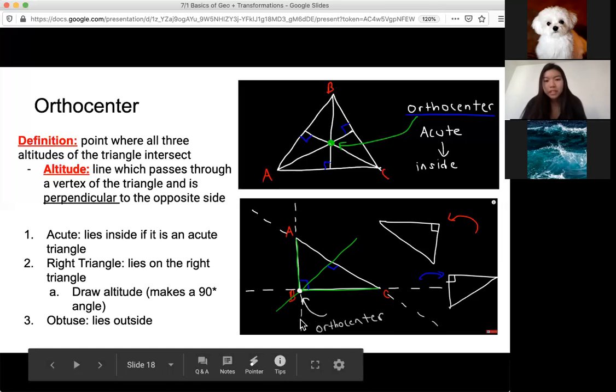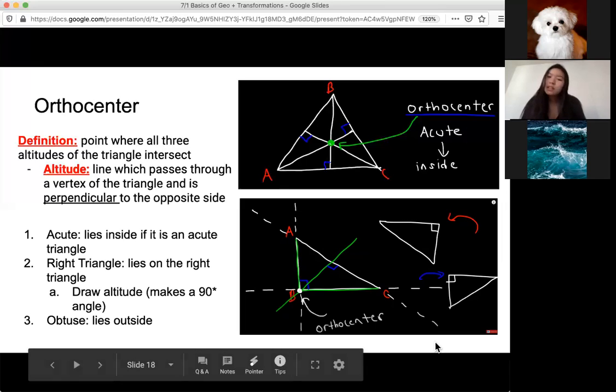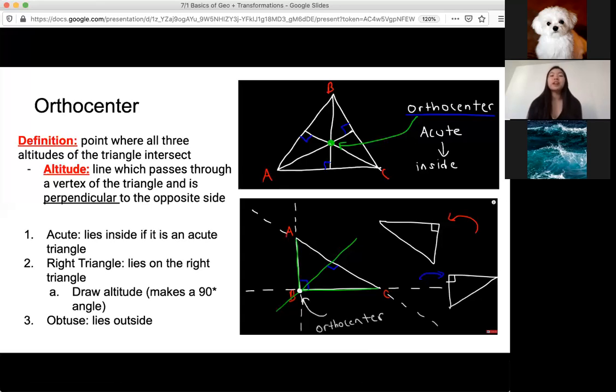AC is perpendicular to line B, which is drawn, which is a right triangle right here. Sorry, I already went over that. And then BC is perpendicular to line A, and basically just find the 3 altitudes which make 3 right triangles, and wherever the 3 lines meet together is the orthocenter.